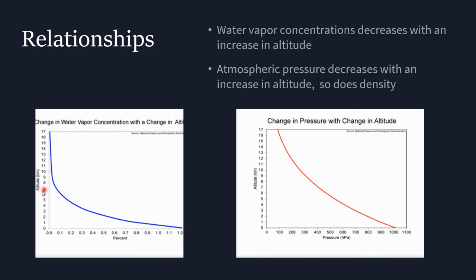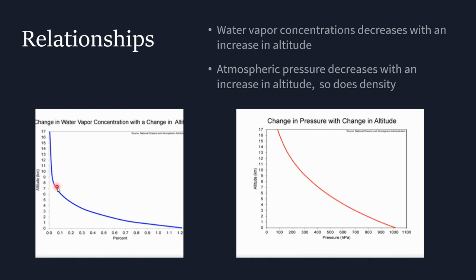If you look here, this is the altitude and this is the percentage of water vapor. You see, if the altitude is high, the water vapor is really low. When the altitude is reducing, at 11, still the same, 9, 8, still the same, 0.1% probably.